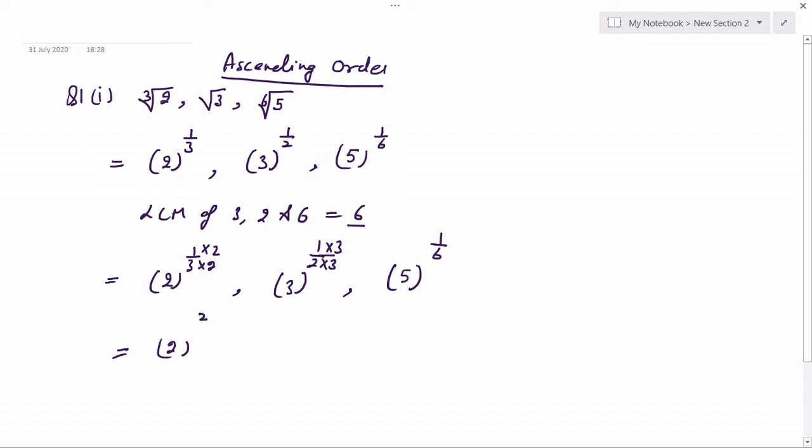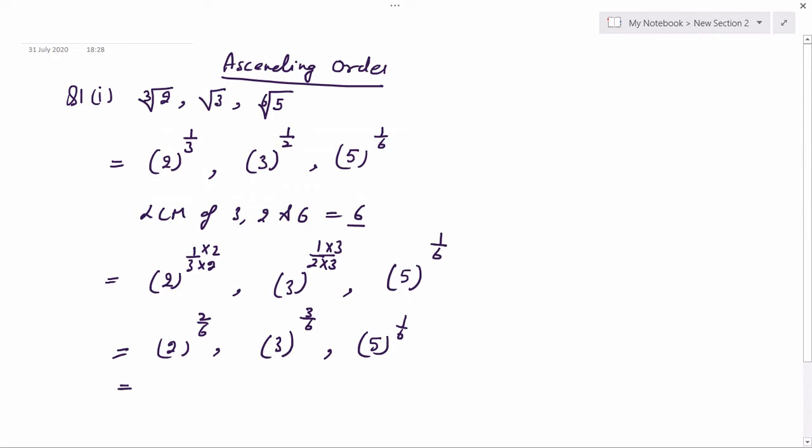Now 2 raised to power 2 by 6, 3 raised to power 3 by 6 and 5 raised to power 1 by 6. Now you can see this number is also having 6th root, this is also having 6th root and this is also having 6th root.